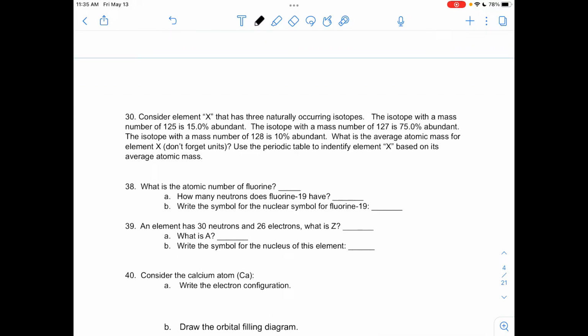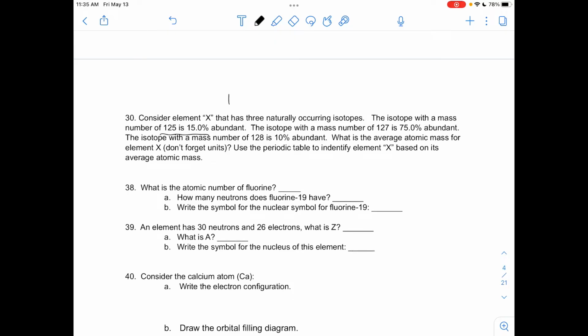Okay, consider element X has 3 isotopes. So this is what we're talking about, that the mass is the average of all the isotopes. So we have one that's 125. So how do you find the average? What I'm going to do is 125 times the percentage, so it's 0.15. Remember that 0.15 is 15%, not 1.5.